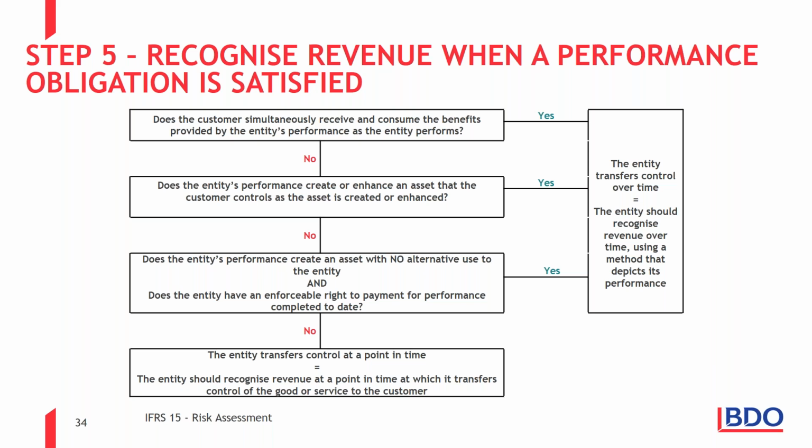And we've discussed them. Does the customer simultaneously receive and consume the benefits provided by the entity's performance as the entity performs? Your typical service arrangements. If you say yes, then it's over time. If you say no, does the entity's performance create or enhance an asset that the customer controls as the asset is created or enhanced?